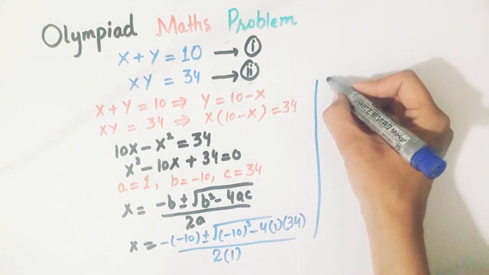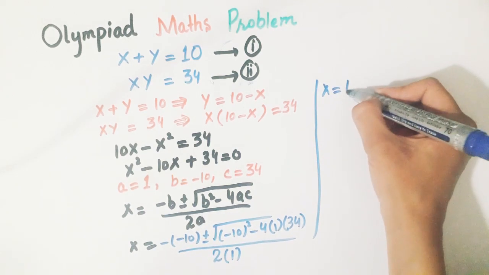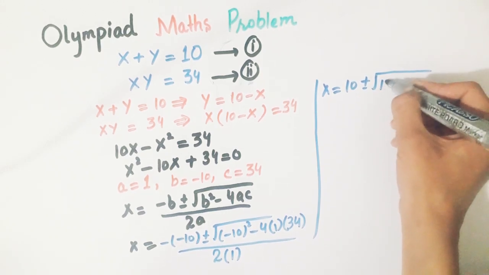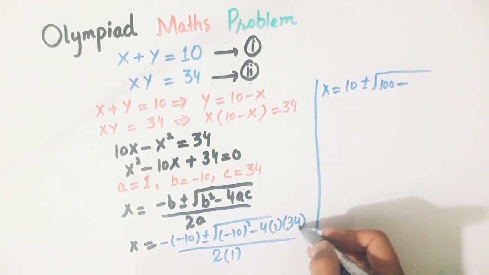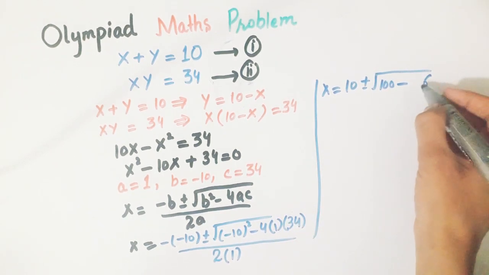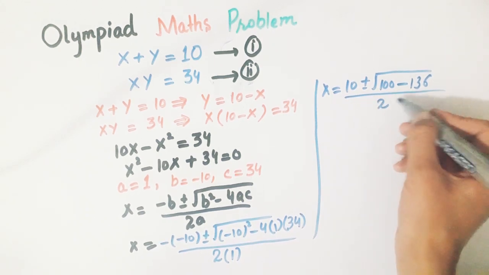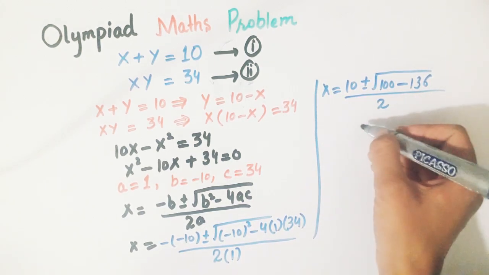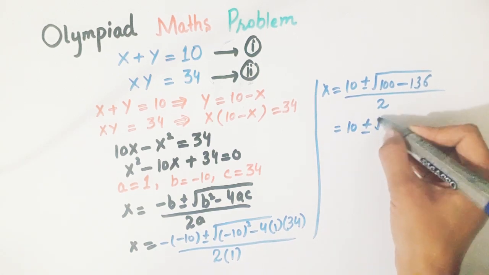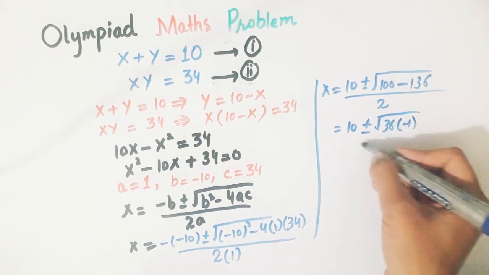So we get x equals 10 plus minus the square root of 10 square, which is 100, minus 4 times 34, which is 136, divided by 2. So 100 minus 136 will be minus 36.